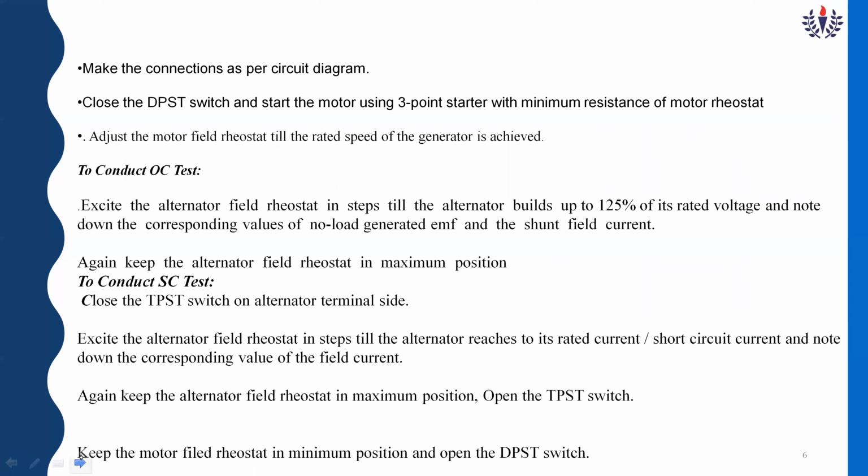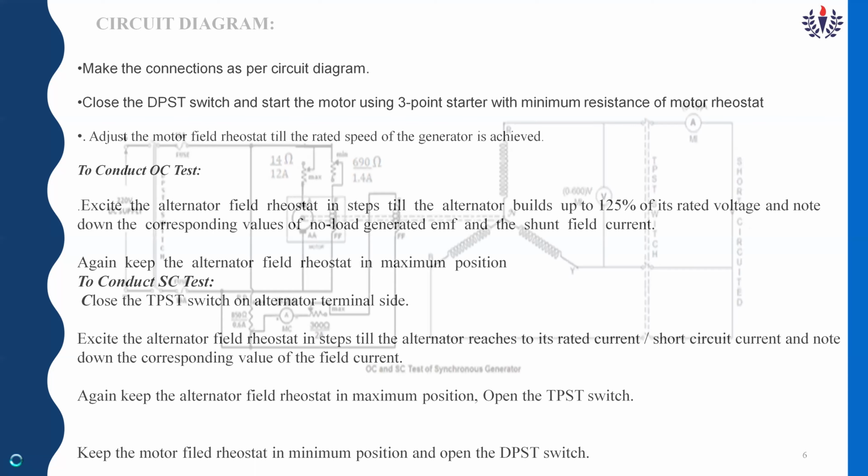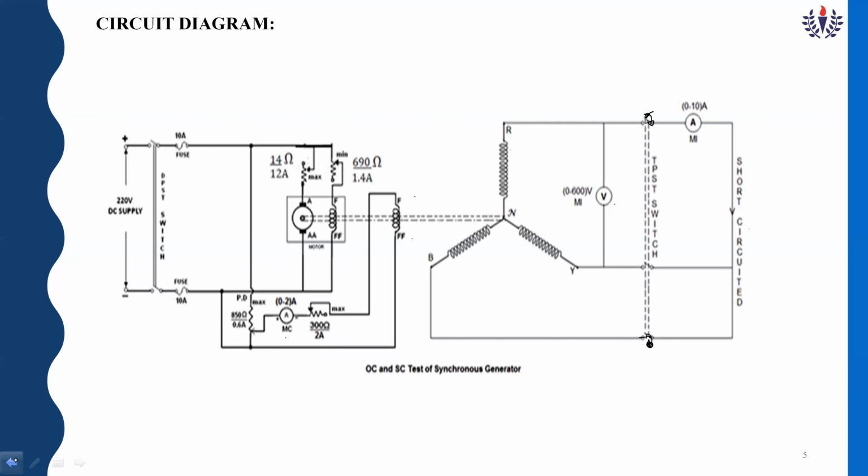So I have to excite my alternator by varying the field current of my alternator such that I will get the rated current. This rated current you will get from your nameplate details, where you can see the short circuit current.